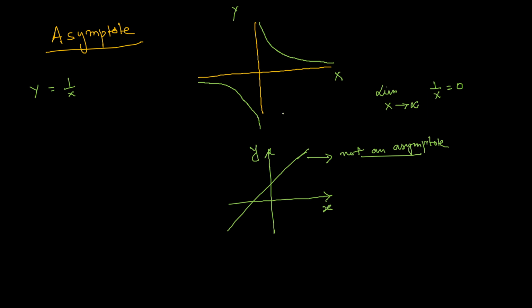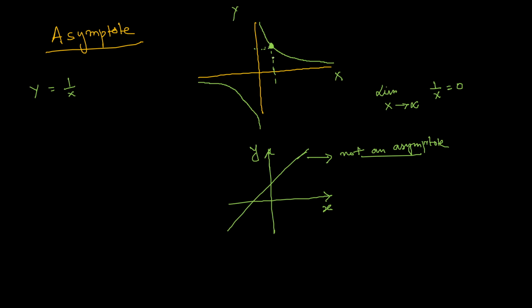A similar thing we can find from this example: when x is very, very large, only then you can understand the behavior of this curve, that it is almost 0. But when x equals 1, 2 or 3, the value at that point on the curve is not 0, it's something very big, right?